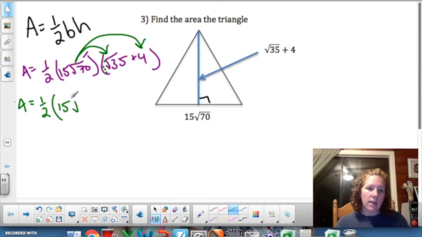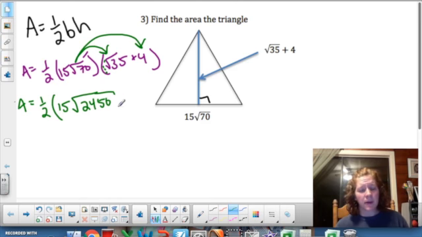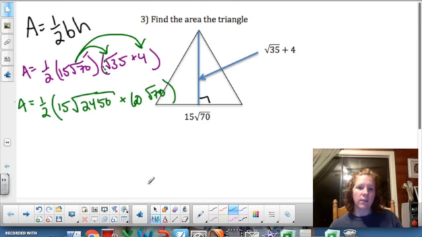So that is the √2450, which is a big scary number, but we're not nervous. It's going to be fine. When I multiply 15√70 times 4, I only have a constant, so 15 times 4 is 60, and then I've still got that √70 floating there.